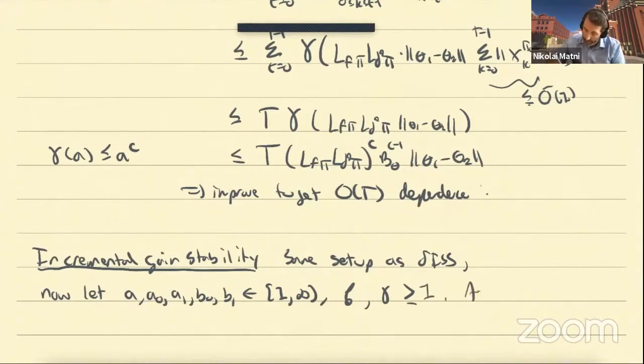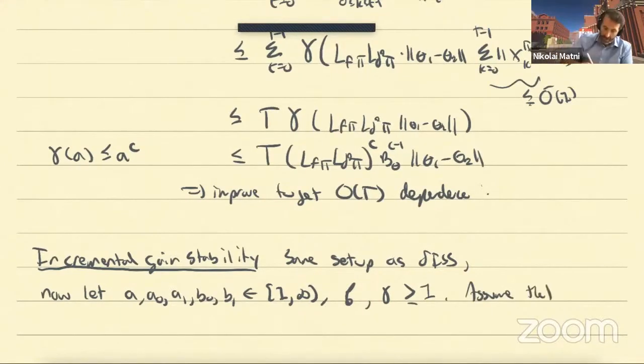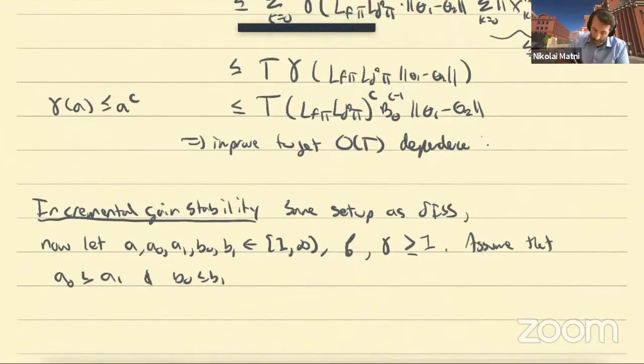We'll also assume that A0 is less than or equal to A1, and B0 is less than or equal to B1. Then we say that I let phi just collect all of these, be the tuple of all of these different parameters.